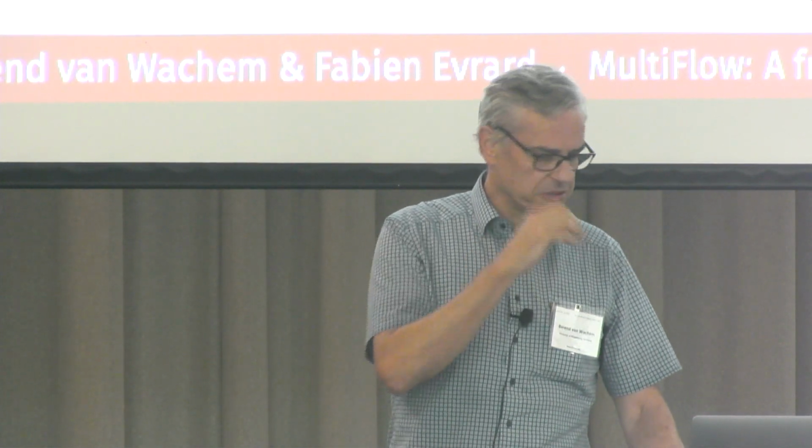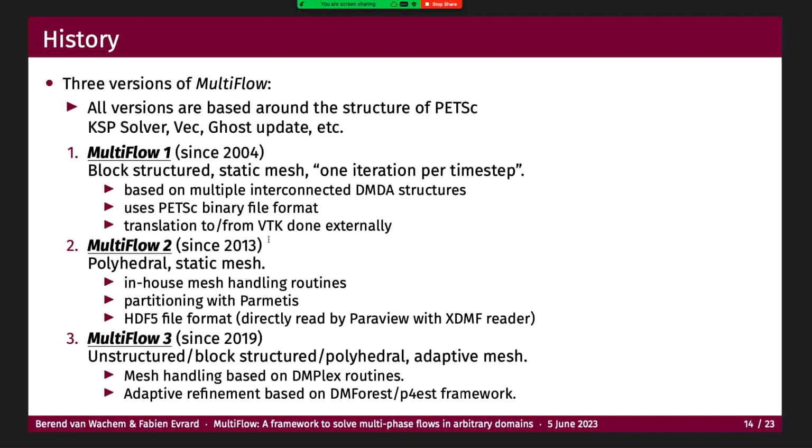So in 2010 or 11, we started with MultiFlow 2, which is basically a polyhedral mesh. We did everything in-house. We just used PETSc to solve the matrix, so we used the matrix and vector objects, but that's it. No DMs or anything else. Partitioning we did with ParMETIS, and we wrote our own HDF5 format, which we could directly use.